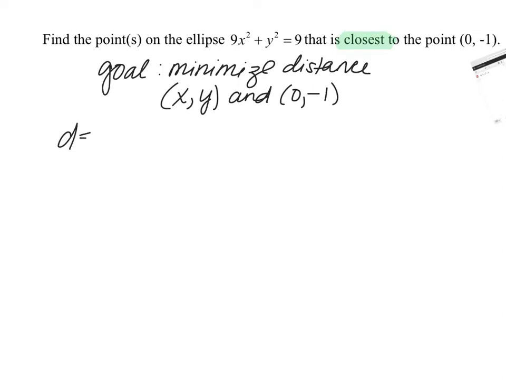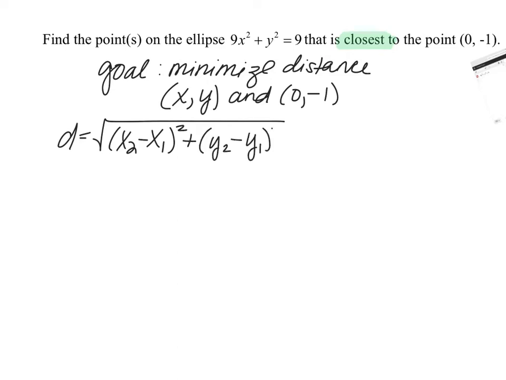So to compute the distance between any 2 points on the coordinate plane, we can utilize the distance formula, which is going to be the square root of (x sub 2 minus x sub 1) squared plus (y sub 2 minus y sub 1) squared. That'll compute the distance between any 2 points on the coordinate plane.